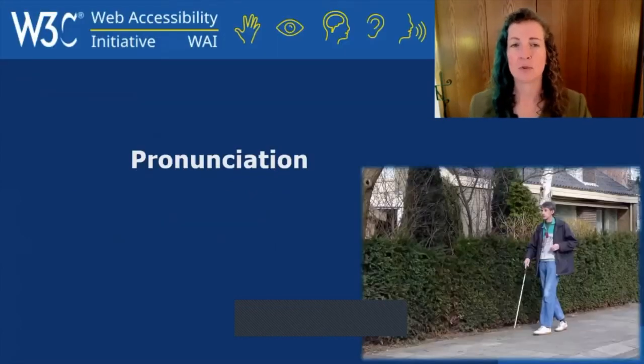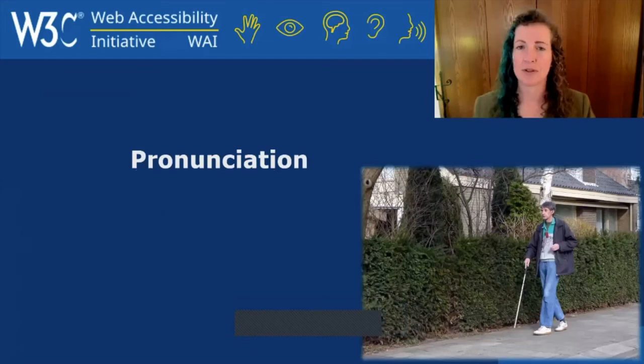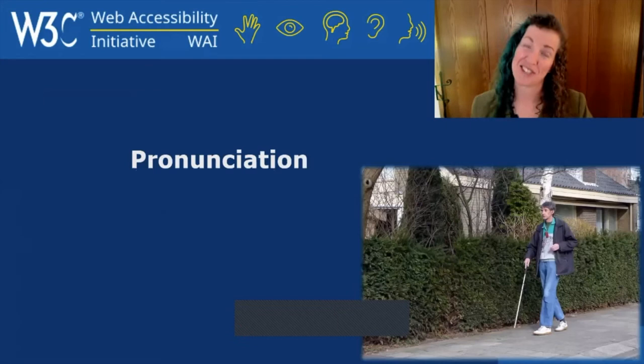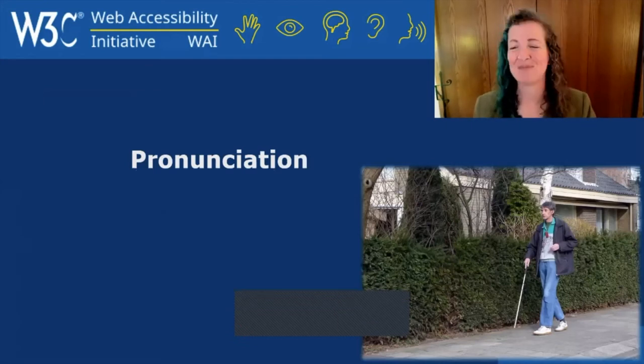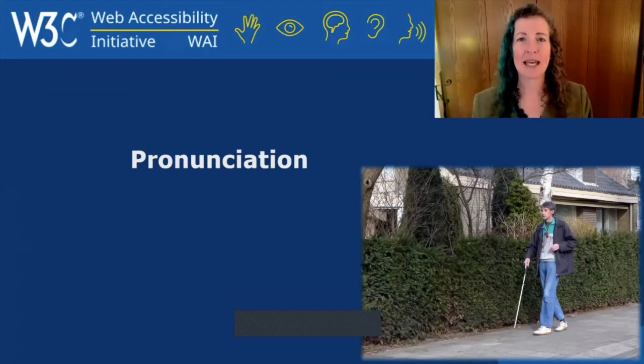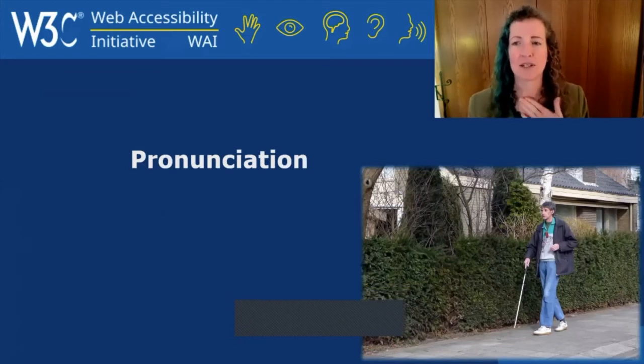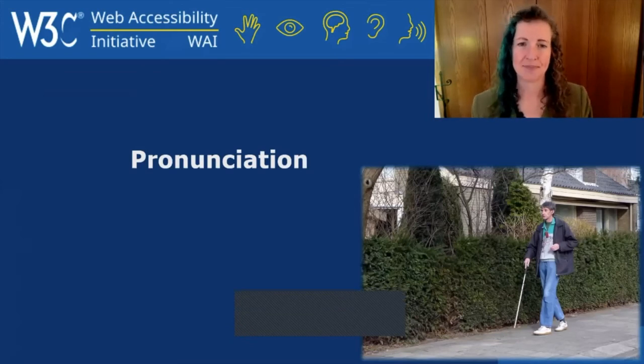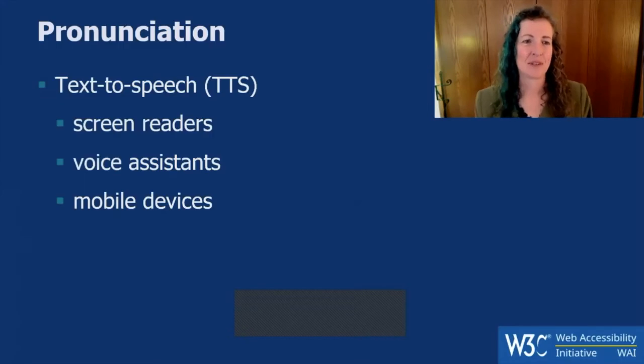Another project is around pronunciation, how you pronounce or say things. Actually, how technology pronounces things. I have a picture of a person who is blind using a white cane, walking down the sidewalk with an electronic device. And I'll talk about that in a minute. We're talking about pronunciation by technology using text-to-speech.